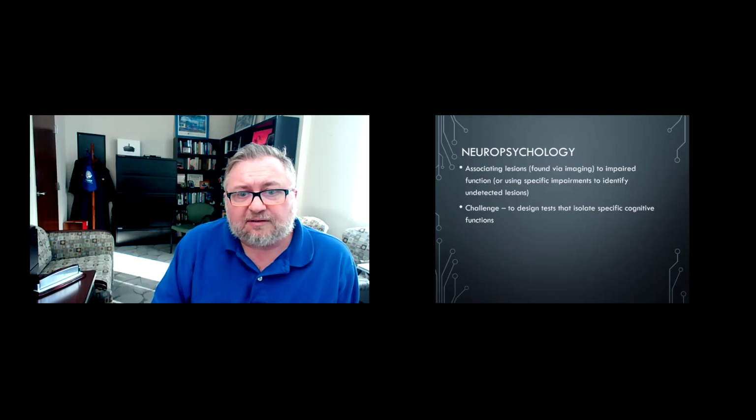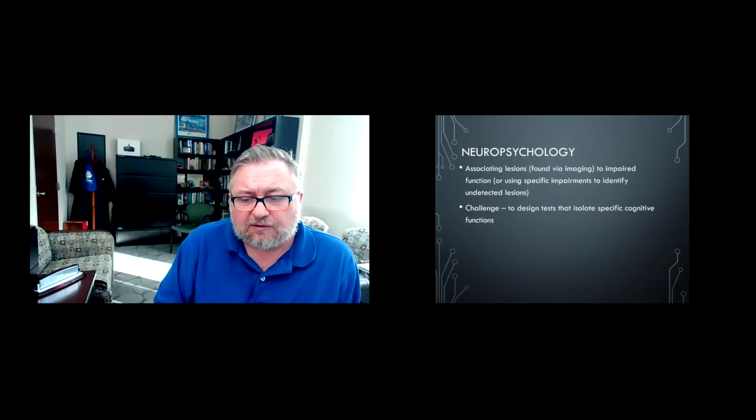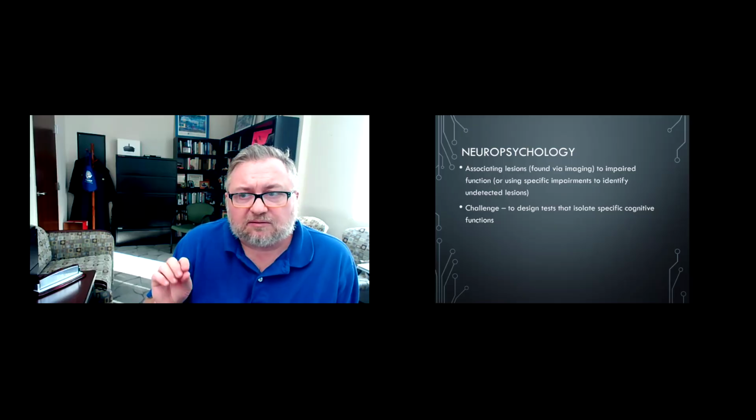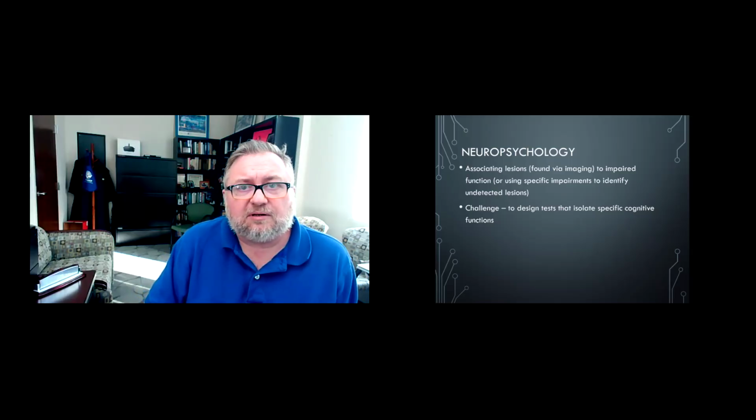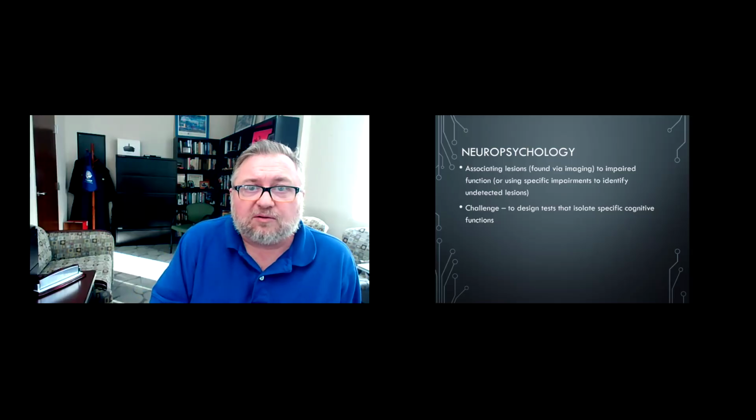And we might find some damage to a region of the brain, but it's a very small, subtle kind of thing. Well, one of the things that we can do is we want to understand, now that we know that this person has this small amount of damage to this part of the brain, what kind of impairment are they going to have? And if we can figure that out, then obviously that's going to tell us something about what that region of the brain does.